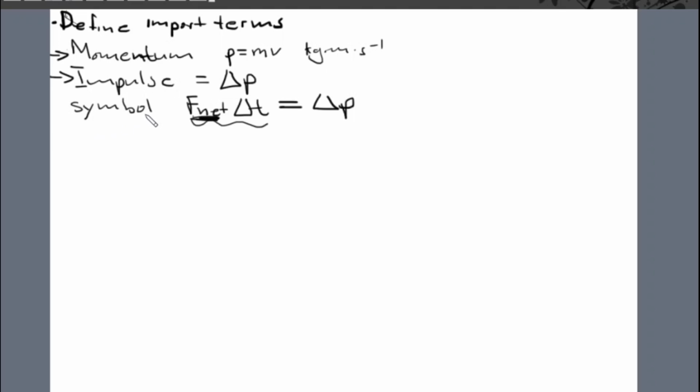Okay, so the change in momentum, if delta represents change, right? The change in momentum is equal to final momentum minus initial momentum. And then what is final momentum?